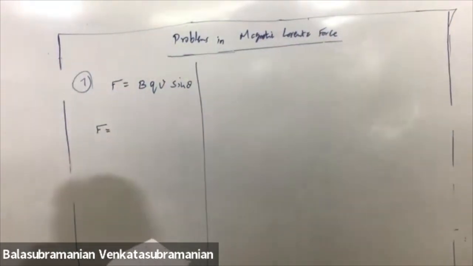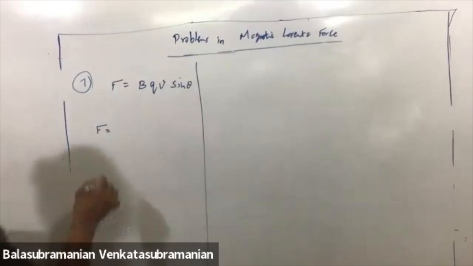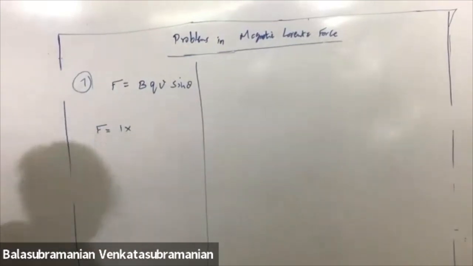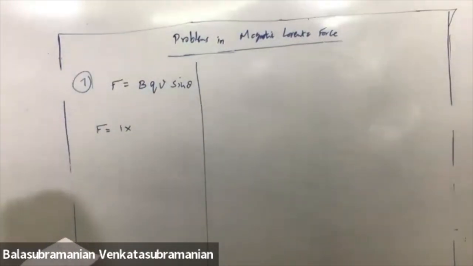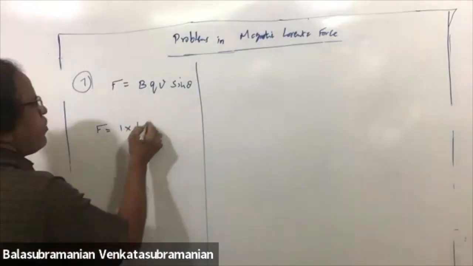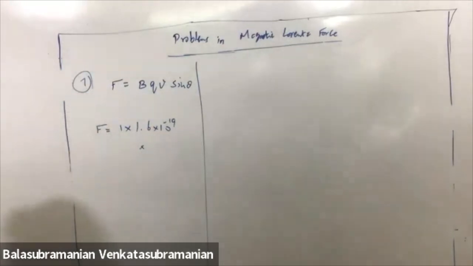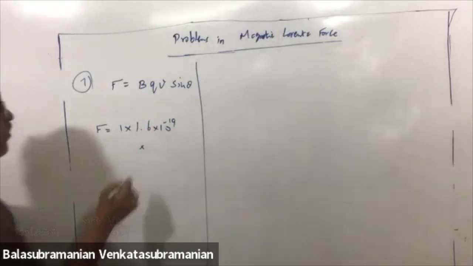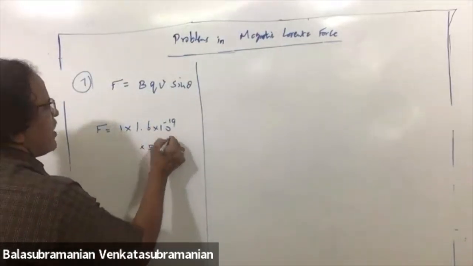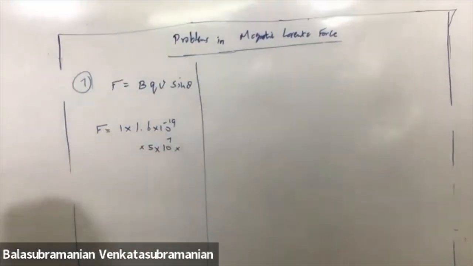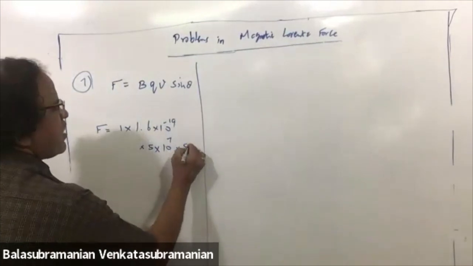Given B is 1 Weber per meter square, electron charge is 1.6 into 10 power minus 19, moving with a velocity of 5 into 10 power 7 meter per second at an angle of 30 degrees with the horizontal.